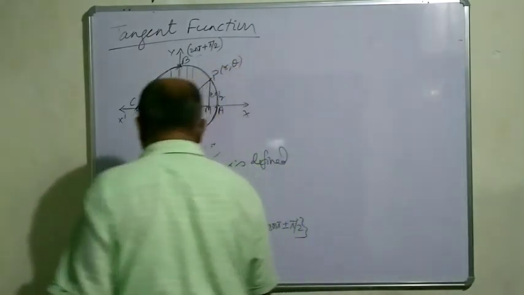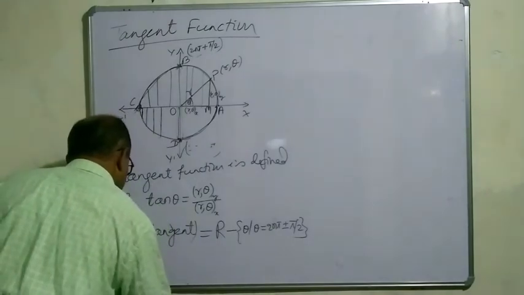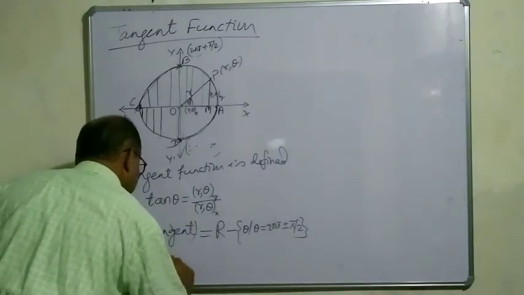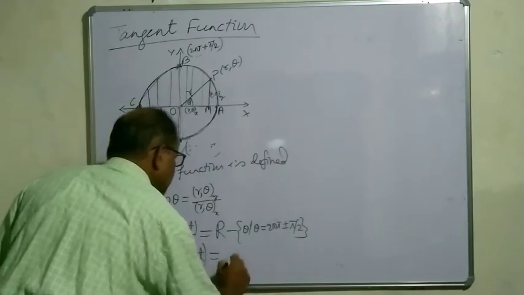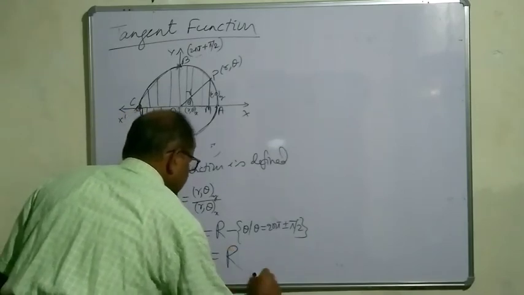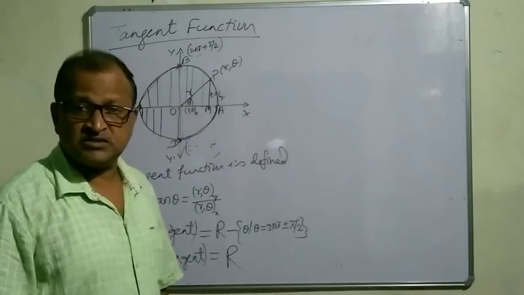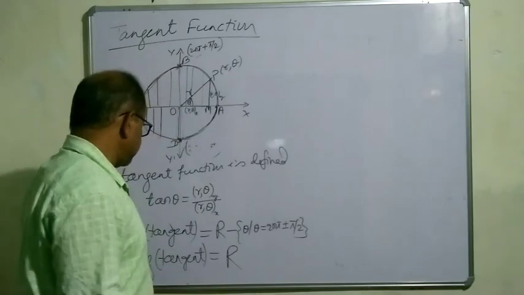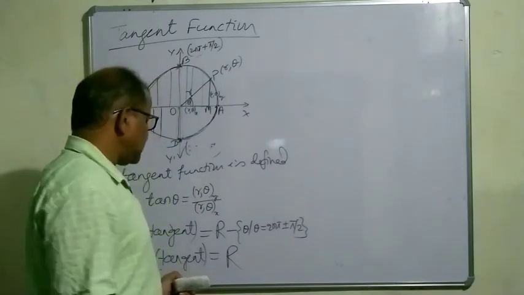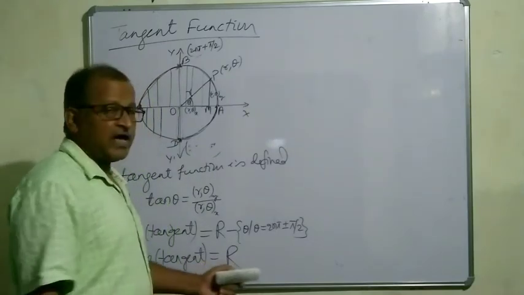That means the range of the tangent function is equal to R, the set of real numbers. So the range of the tangent function is the set of real numbers R.